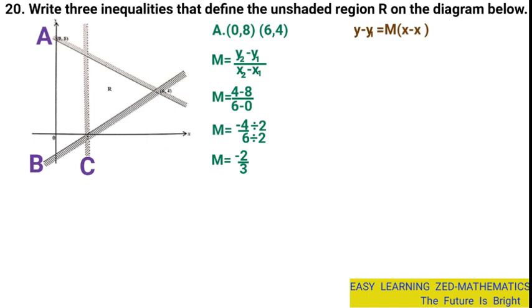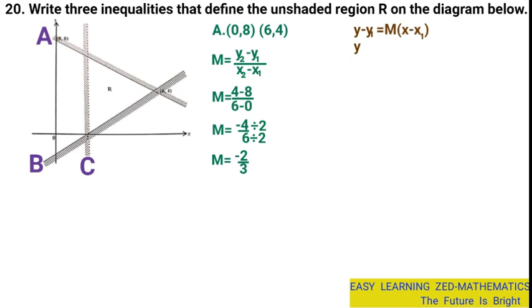Then I'm going to replace y1, the gradient, as well as x1 by their values. The value of y1 is 8, so I say y minus 8.